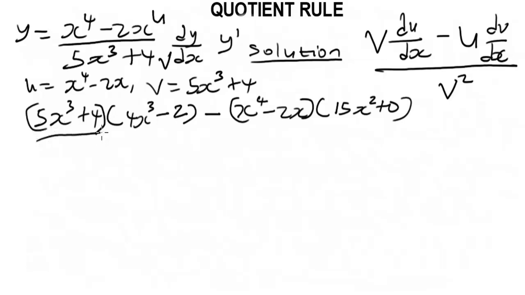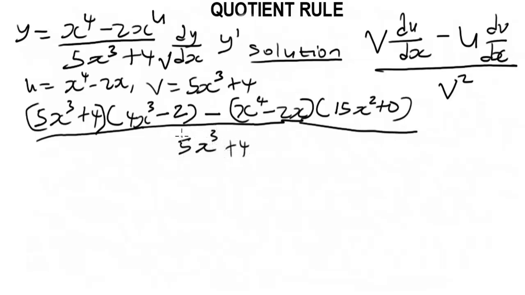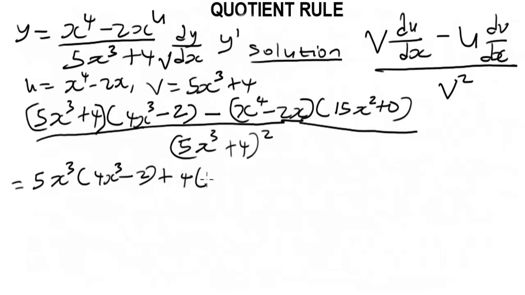Before you expand the numerator, remember you have over v squared, so our v here is 5x raised to the power 3 plus 4, squared. Now the numerator: 5x raised to the power 3 multiplied by 4x cubed minus 2, then plus 4 multiplied by 4x cubed minus 2, minus x raised to the power 4 multiplied by 15x squared.